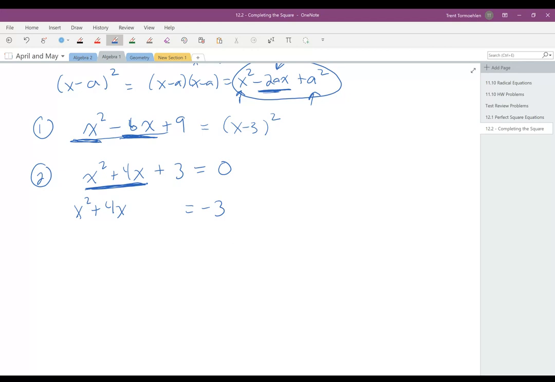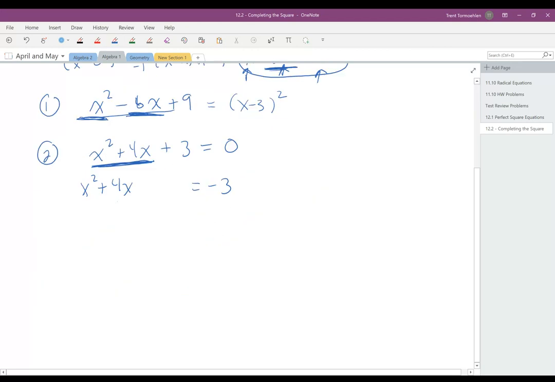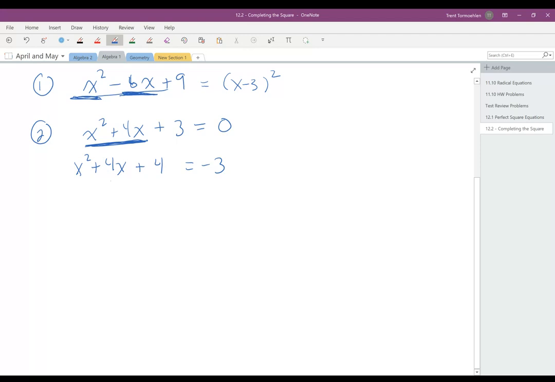Half of the 4 is 2. That's what our a value is going to be, because we want 2a. So we divide the coefficient of x by 2. 4 divided by 2 is 2, and 2 squared is 4. If I add 4 to get x squared plus 4x plus 4, and add 4 over here too, I get x plus 2 squared equals 1.